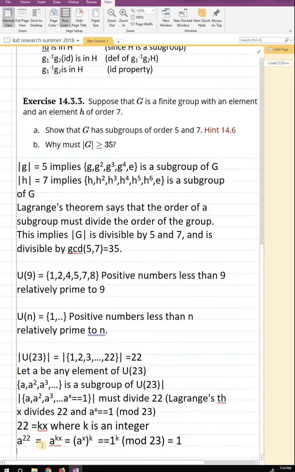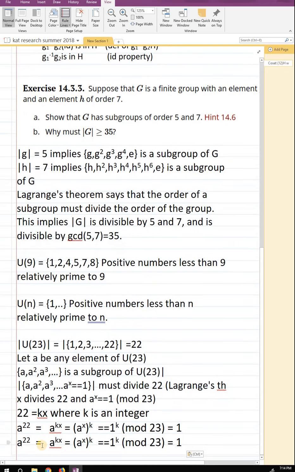So the conclusion, which I'll underline in boldface, is that a to the 22 is congruent to 1 mod 23 for any a in U of 23.